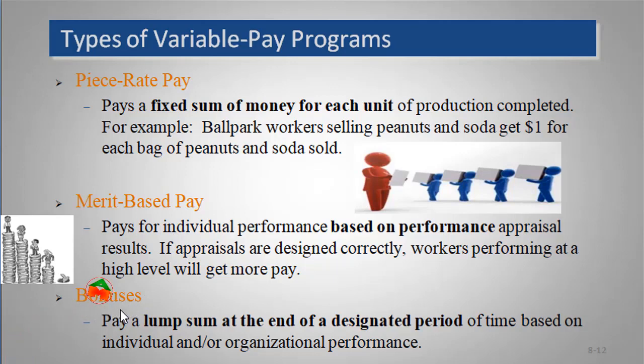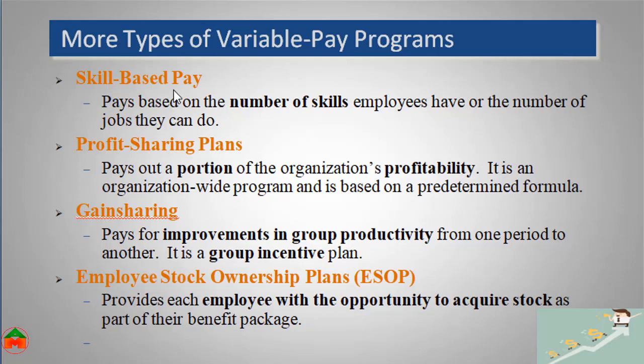Under the bonus plan, the managers can pay a lump sum at the end of a designated period of time based on the individual and organizational performance. To motivate the employees, the manager can also pay based on skill. Under skill-based payment, the manager pays based on the number of skills employees have or the number of jobs they can do.